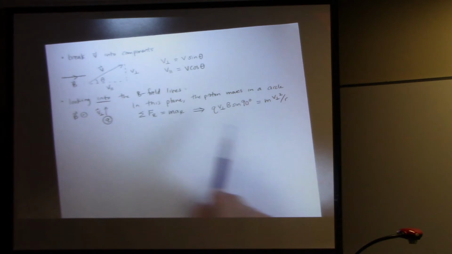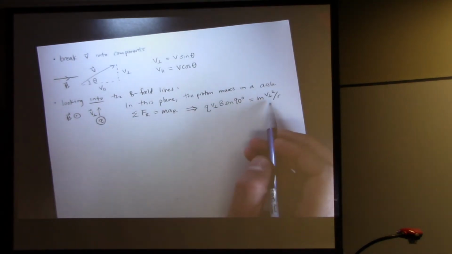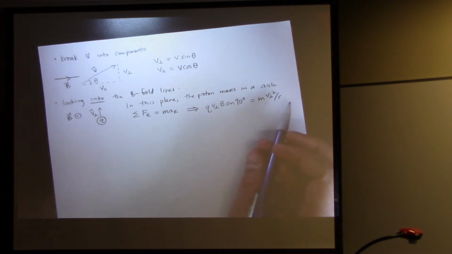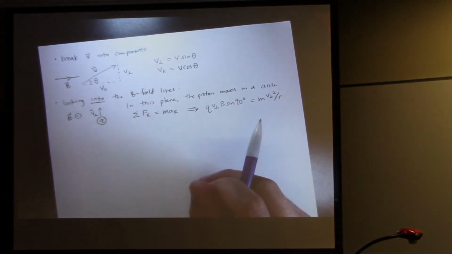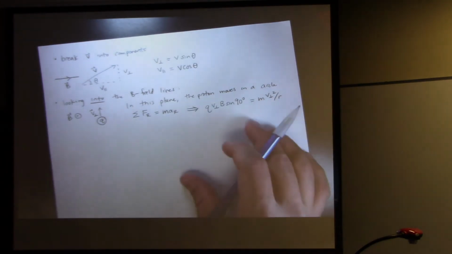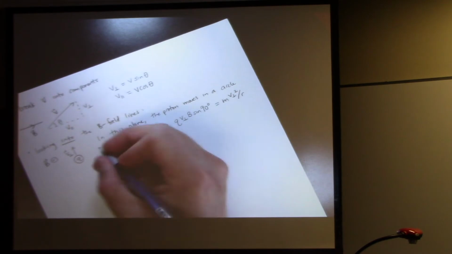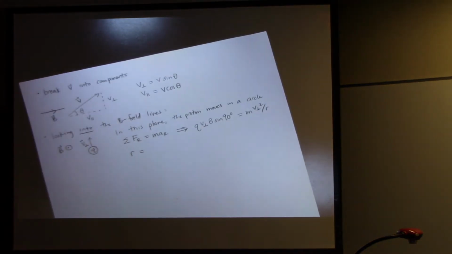So what have I done here? I've taken the magnetic force and I've equated it to mv squared over r, but crucially, I'm talking about V perpendicular only in this case, because V parallel doesn't give me a magnetic force. What I'm going to do then is solve for r, because we, of course, want the radius.